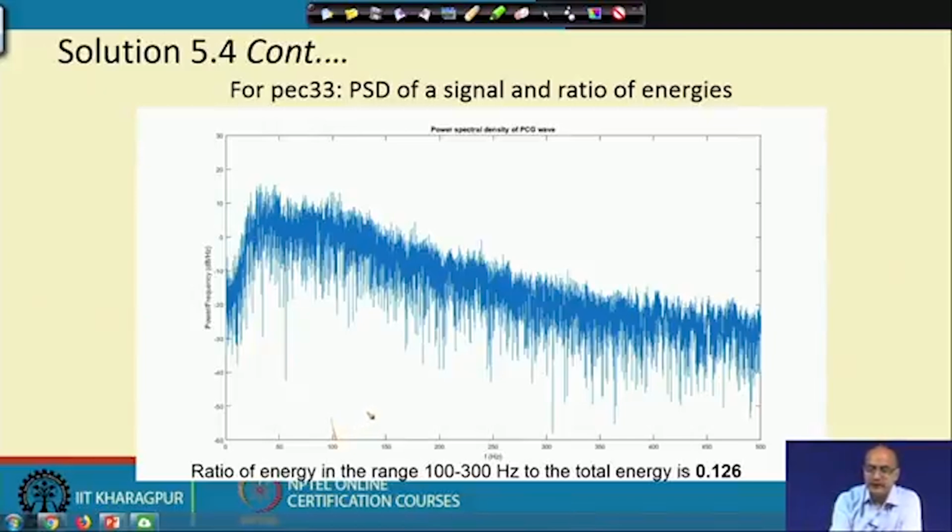Okay. However, probably a little more energy is there between 100 to 300, because what we get for the energy ratio is 0.126, that means 12.6% of the total energy is here. Okay. In the previous case it was about 1.7%. Okay. So, an order of magnitude change.